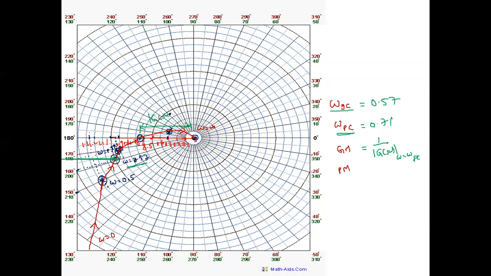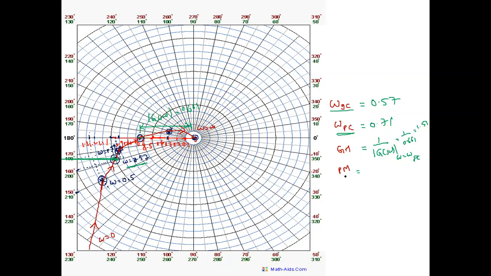Mod G of j omega is 0.661. Now we have to invert this: 1 by 0.661 is 1.512. This is the gain margin. It tallies with the previous one.